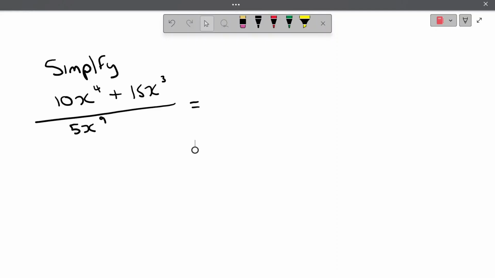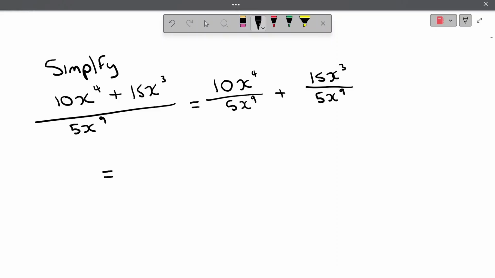But what we do here when we've got a fraction and it's just a single thing at the bottom and pluses at the top, we can actually separate them out. So you have 10x to the 4 over 5x to the 9 plus 15x to the 3 over 5x to the 9. So we separate them out into two separate fractions.